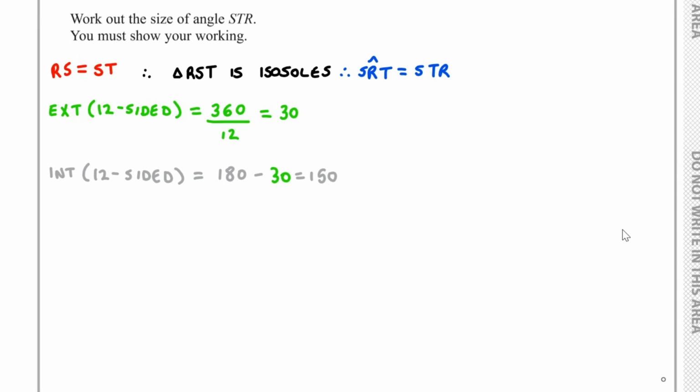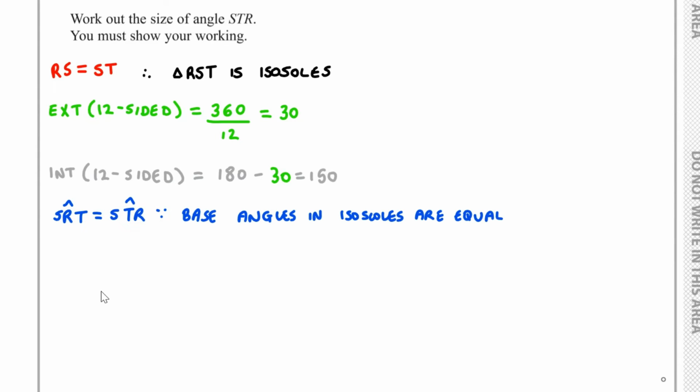So if we write this down, STR equals SRT, because the base angles in an isosceles triangle are equal.